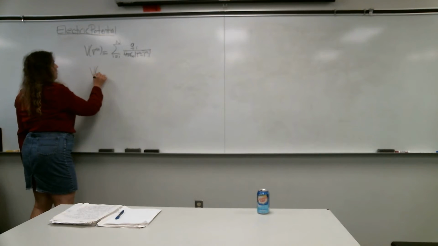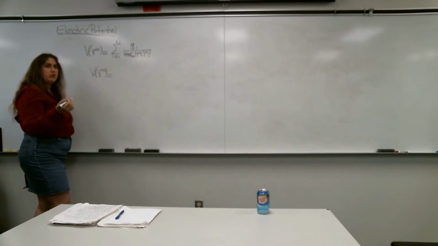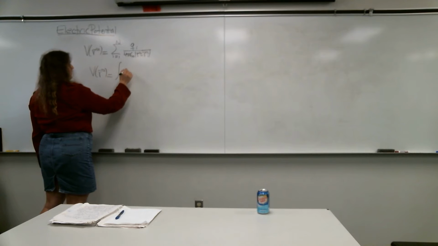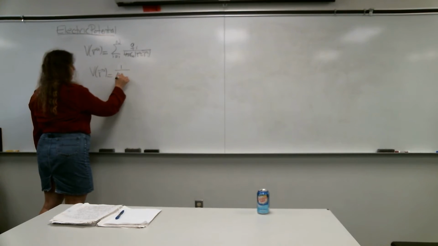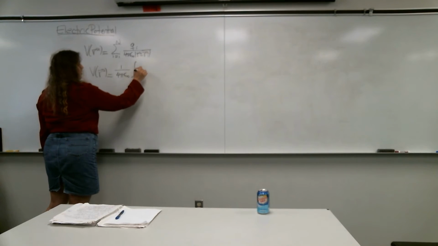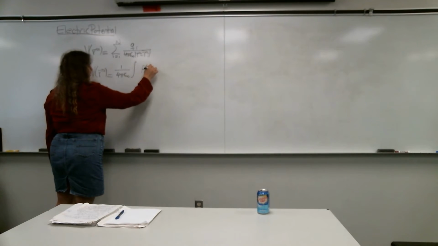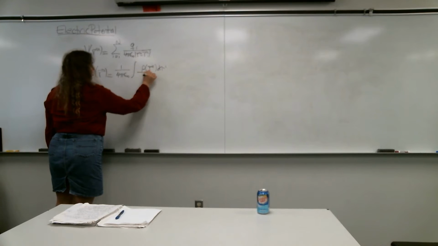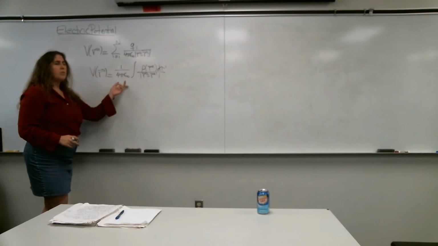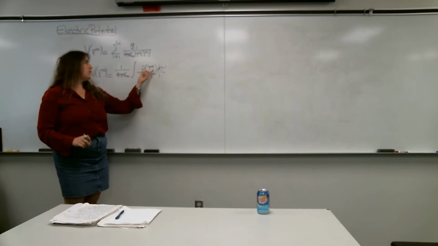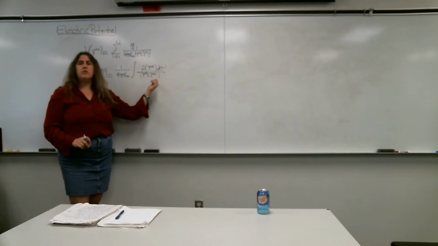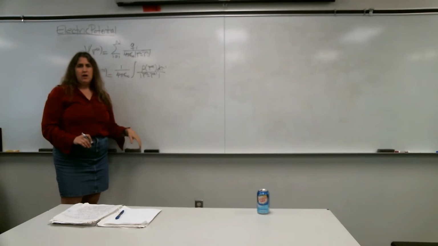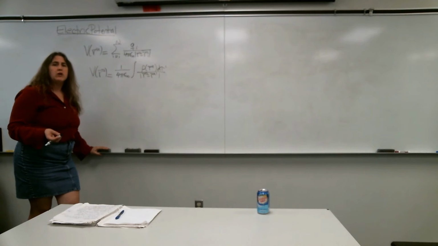So therefore, your potential becomes 1 over 4 pi epsilon naught, the volume integral of the volume charge density divided by the separation vector, and now we're using the prime coordinates to indicate the locations of the sources. So that's what we're integrating over.